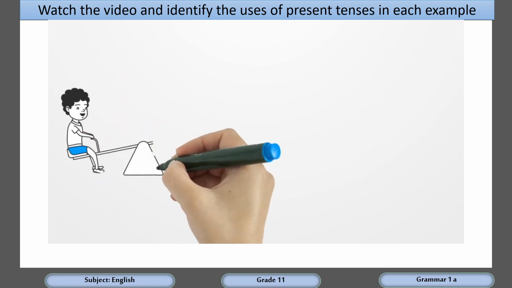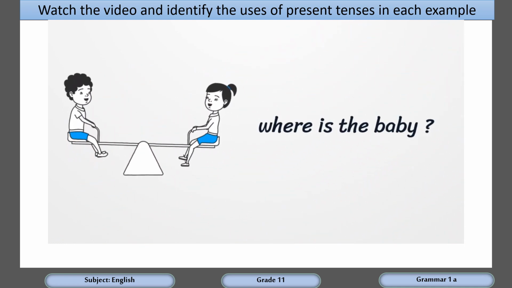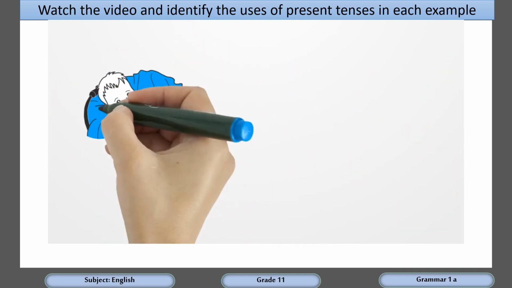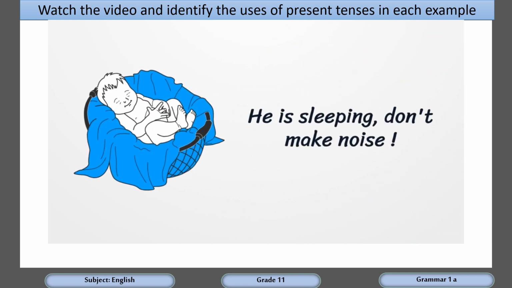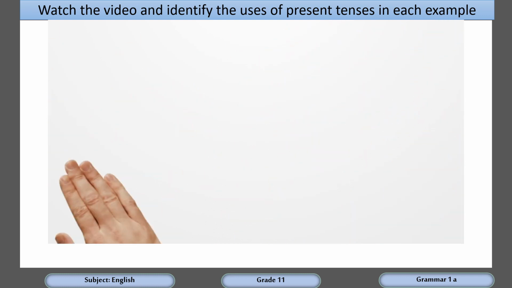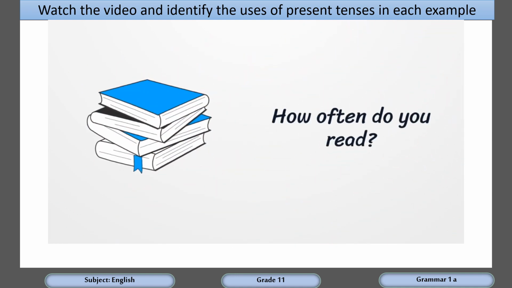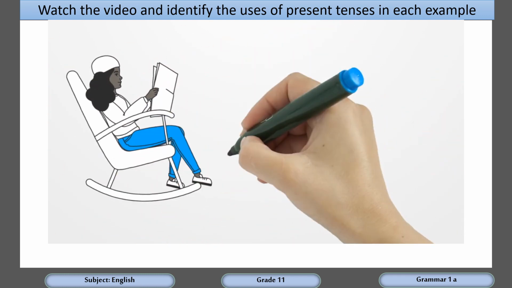Look at these children on a seesaw. Let's ask them about their brother. Hi there, where is the baby? He's sleeping. Shh, don't make noise. Look at Aisha, she's reading. Hi Aisha, how often do you read? I read a chapter every night before going to bed.